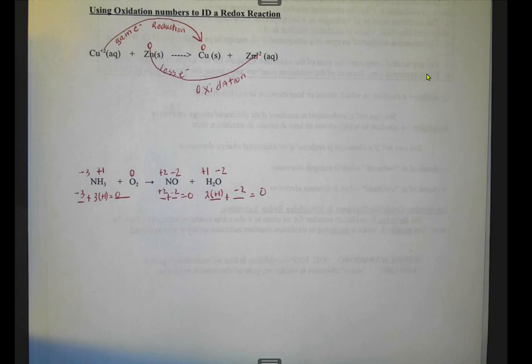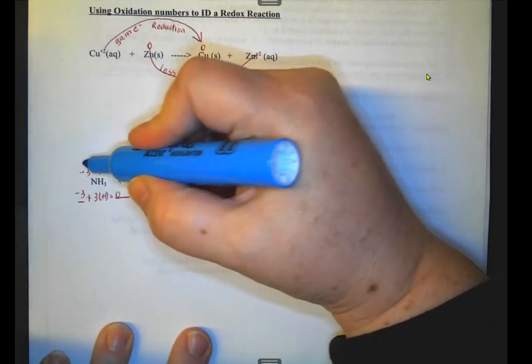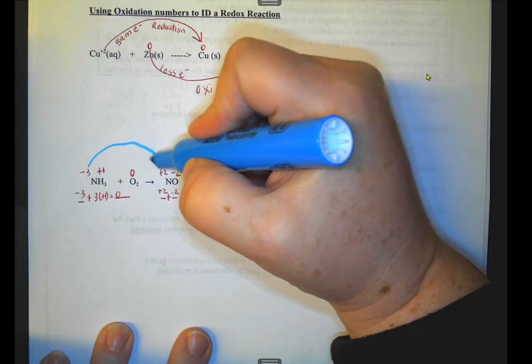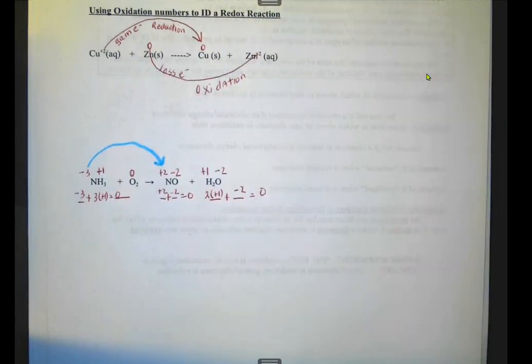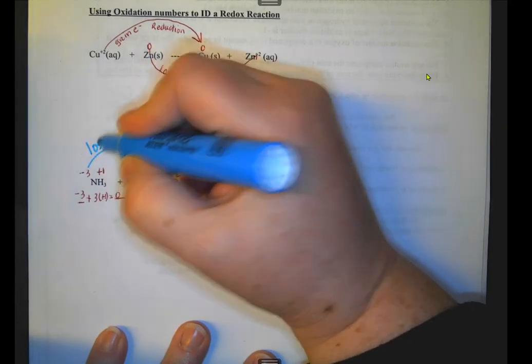As you can see, going from the reactant side to the product side, the oxidation value for nitrogen changed from a -3, that is having 3 extra electrons, to a positive 2, having a deficit of 2 electrons. So going from the reactant side to the product side, nitrogen shows a loss of electrons.